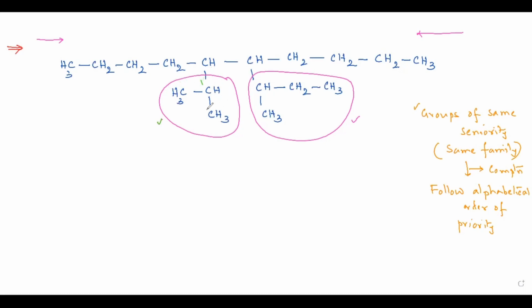The 2' can even be this way also because it is same. Either you go this way or this way, you are getting the same numbers. So it's 1', 2'. And at the 1' position, you got a methyl group. Now the name of this can be given as, at the 1' position, there is a methyl group. Meth, because one carbon is there, yl because of this connectivity.